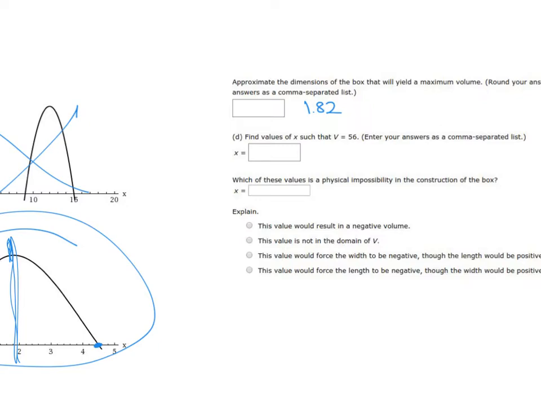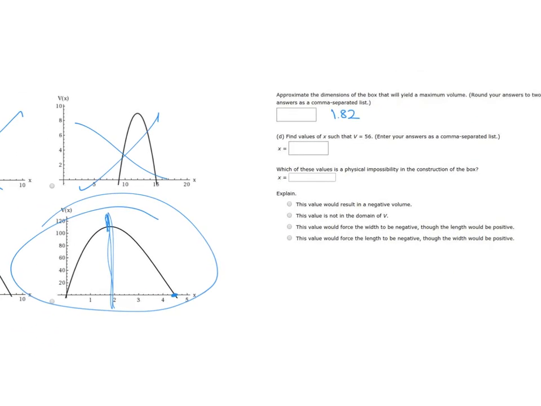1.82. And then we also have 5.36. And then we have 11.36. Now, how you figure that out is that we get 1.82 from here, and then we just take this and plug it into the equation, x times 9 minus 2x times 15 minus 2x.